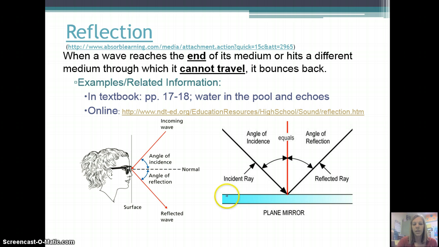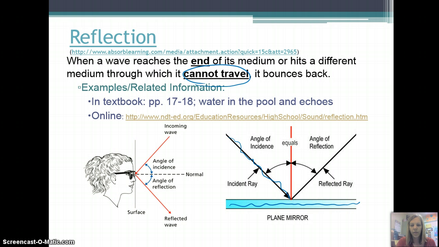So this right here, this plane mirror, so this mirror is the medium that the energy waves cannot travel through, and so therefore we have this energy wave moving in, and we call this energy wave the incident ray, or this can also be called incident wave. So this energy wave moving again is called the incident wave.